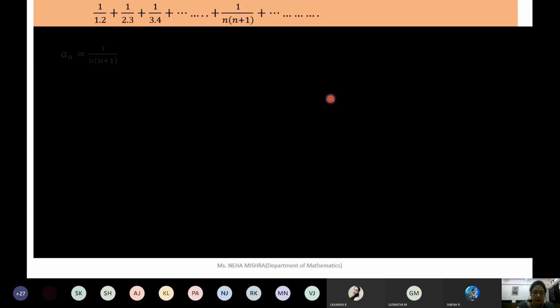So let's see what we have done. So we will write first an and then we will use partial fraction and we will get 1 by n minus 1 by n plus 1. Now I will write my terms. How will we get the first term? Substitute n as 1.